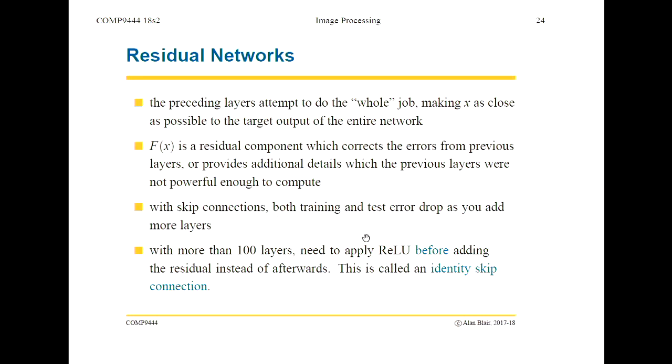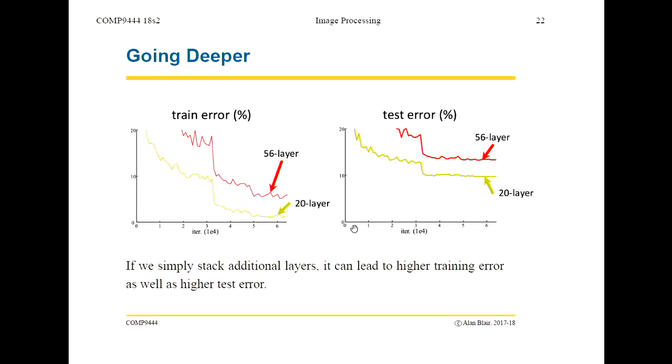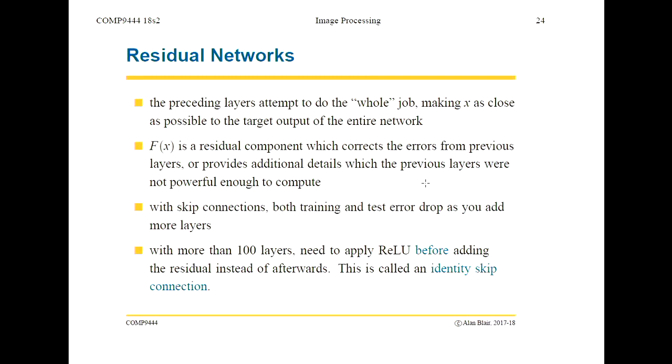It turns out that if you add in these skip connections, then you can add more layers and both the training and the test error continue to decrease. You can get up to about 100 layers that way and get benefit out of all of them.